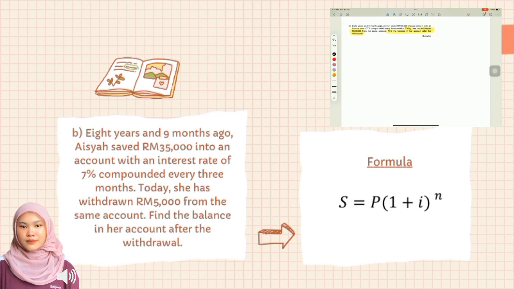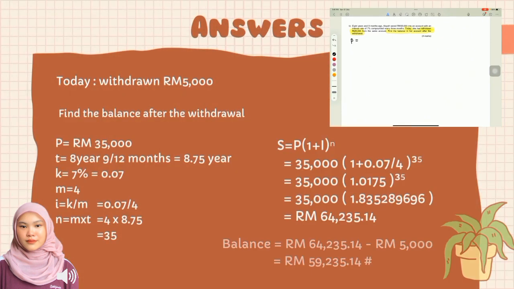The information that we get from the question is P, which is RM35,000. T is in years, which means 8 years and 9 months, 9 over 12, equivalent to 0.75. Another piece of information that we get is K, which is 7%.